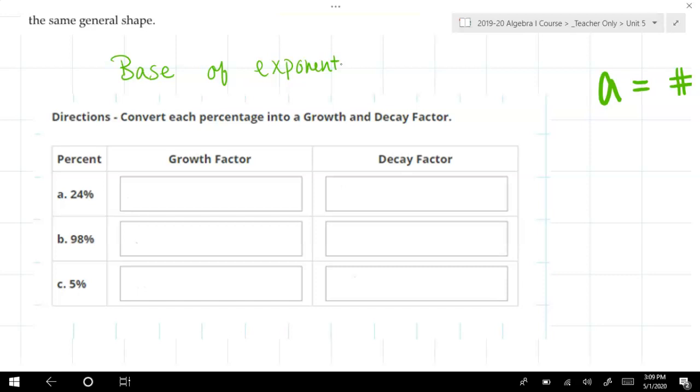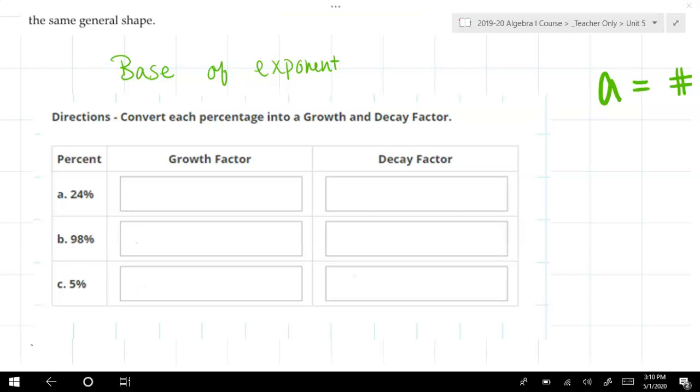It's a percent. And we can think about this percent as either growing or decaying. So if we have 24%, something can grow by 24% or something can decline by 24%.